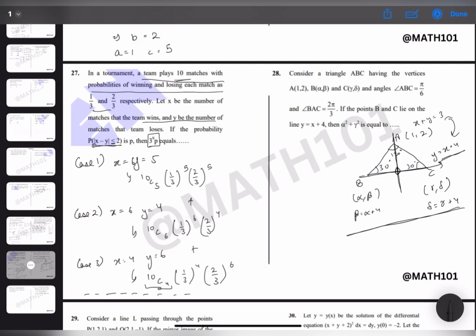Solving these two equations to get the coordinate of midpoint, we get x plus 4 equals to 3, which means x equals to -1/2 and y equals to 7 by 2.